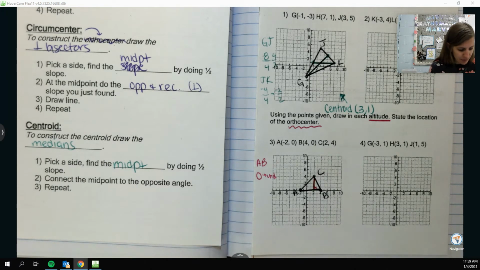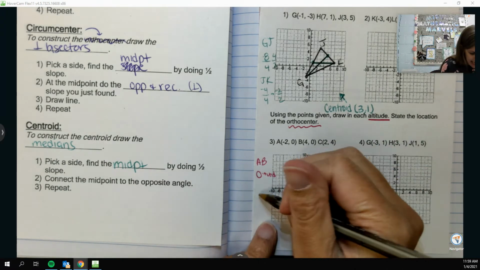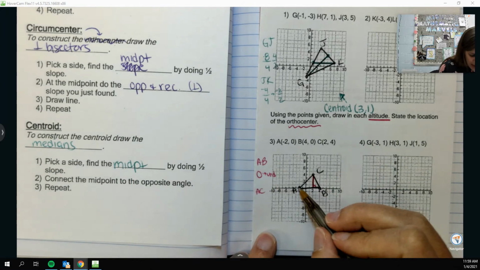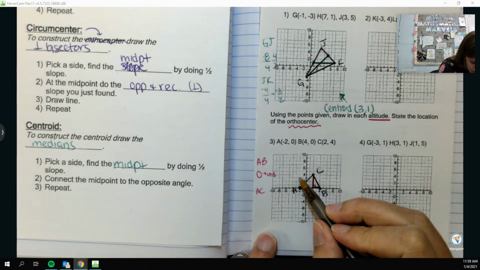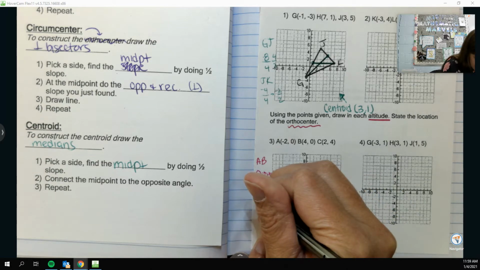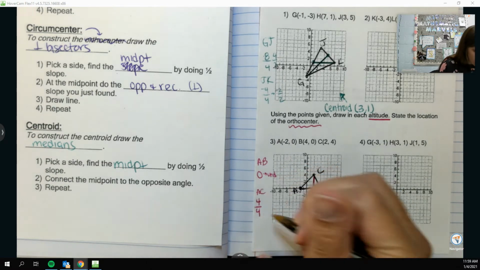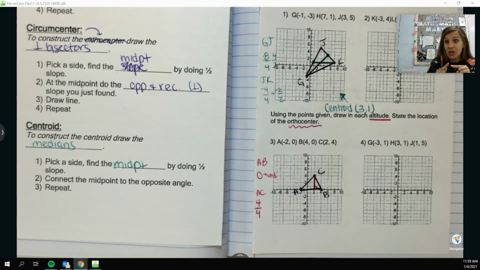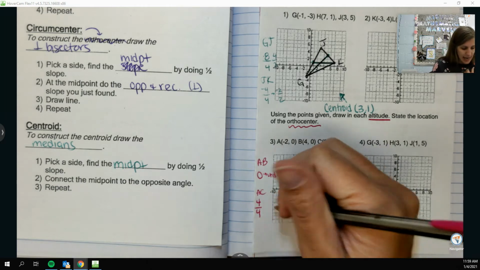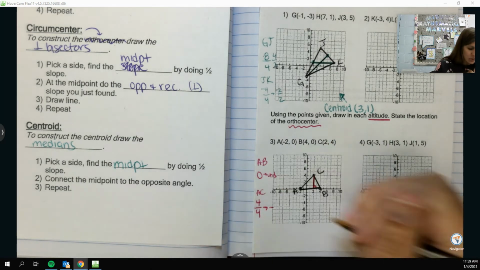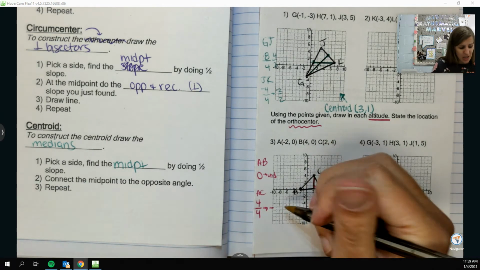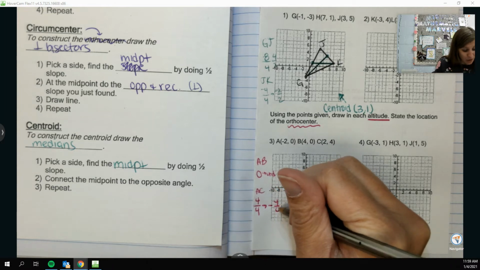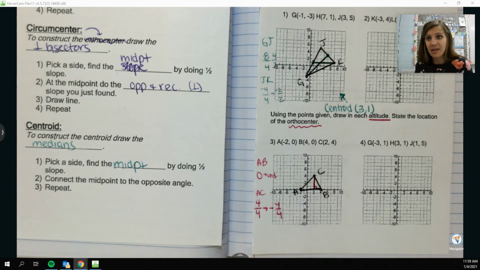So maybe I find the slope of AC. So from A to C, I need to go up 1, 2, 3, 4, and then over 1, 2, 3, 4. So I went up 4, over 4. And then I need to do the opposite reciprocal of that. So since it's positive, opposite will be negative. Reciprocal means I flip. So 4 over 4 is still going to be 4 over 4, or really 1.